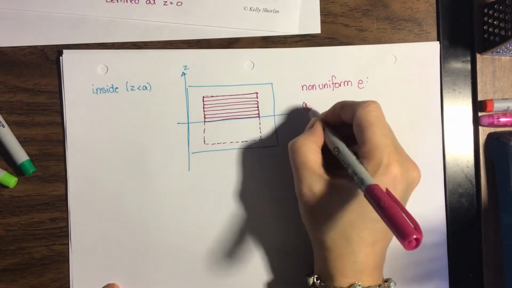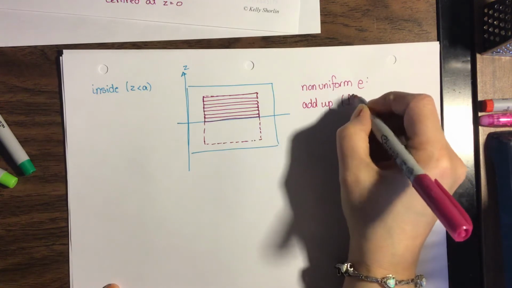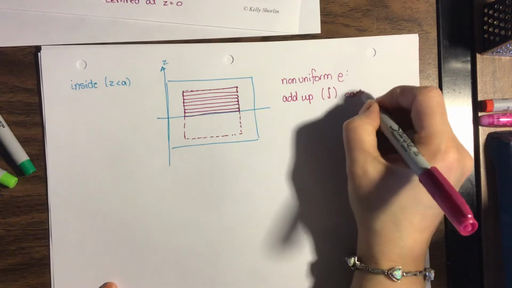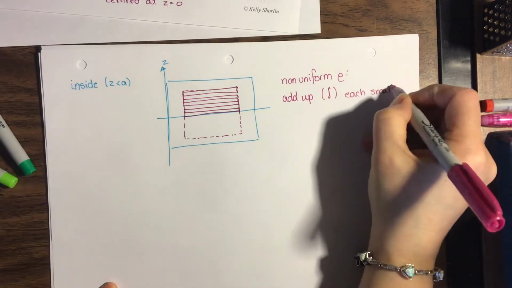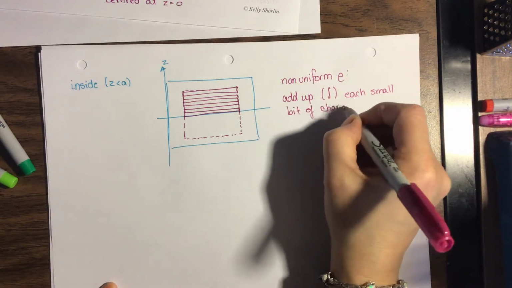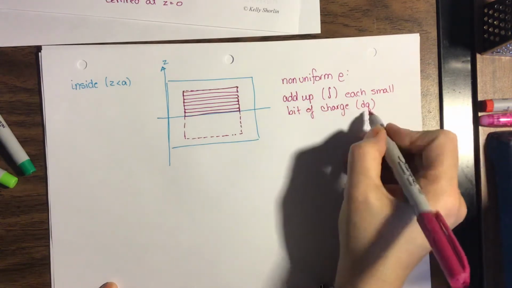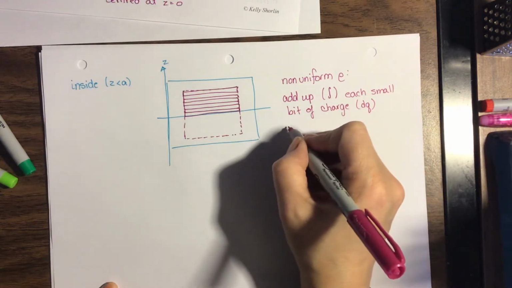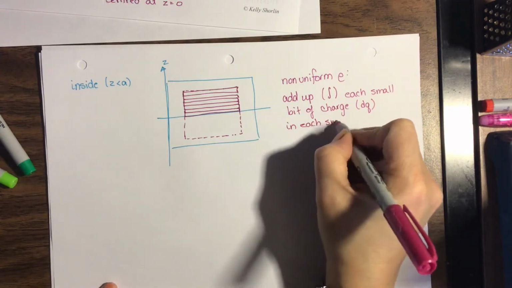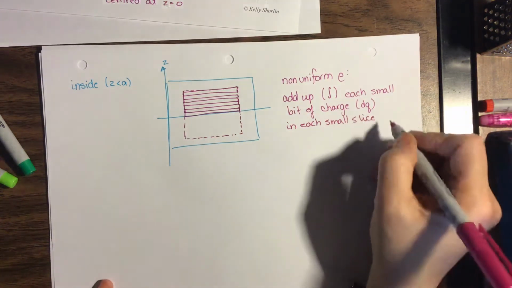So when I have a non-uniform charge density, I'm going to add up, and remember, when I'm adding up a whole bunch of things, it means I'm going to do the integral. So I'm going to add up each small bit of charge, which we call dq, the small bit of charge that's on each small slice, or each small portion, or each small fraction, whatever you like to say.